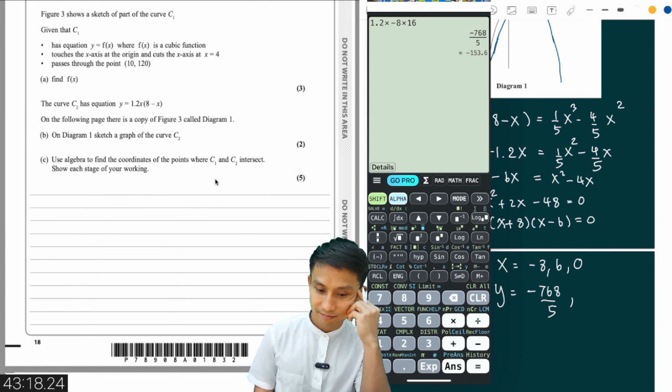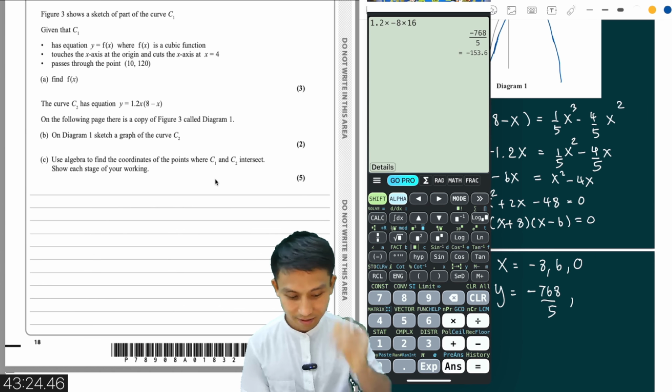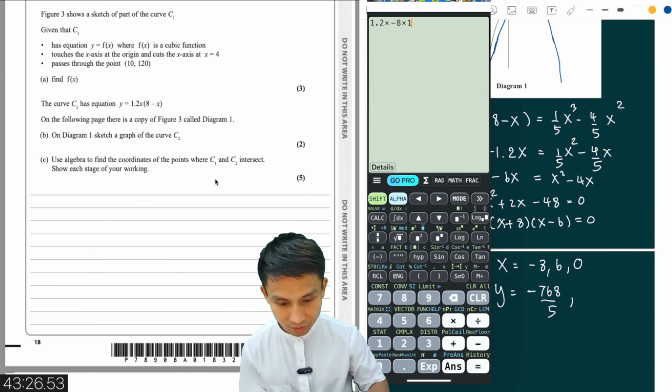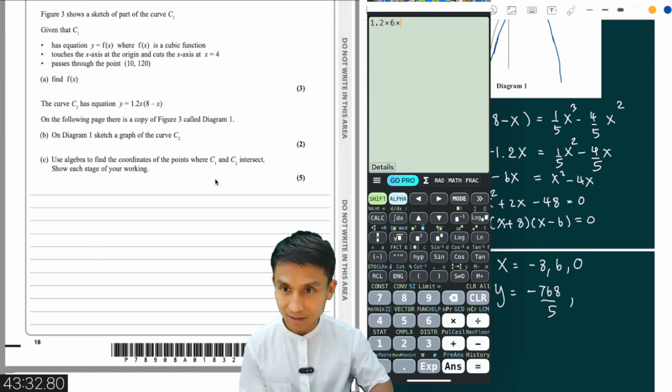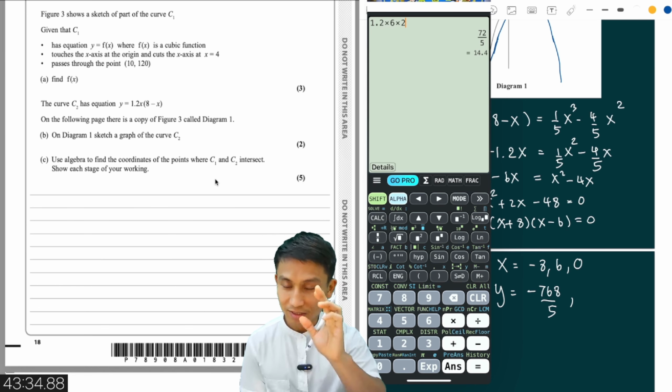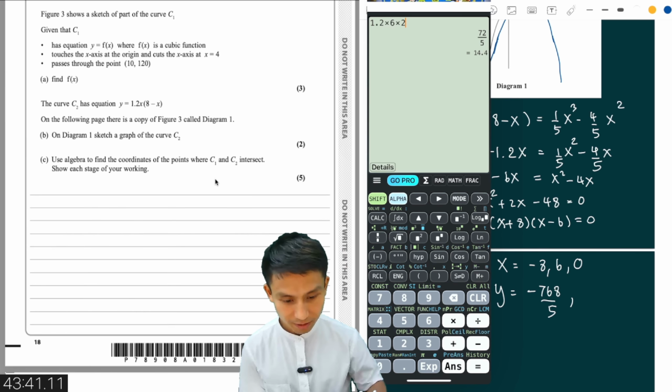Really? Yeah. Checking. That should be fine. And then we change that to 6 instead. So my 1.2 times 6 and then times 8 minus 6. I'm using the curve 2 equation there. Yeah, I think I'm happy with that. So 72 over 5.